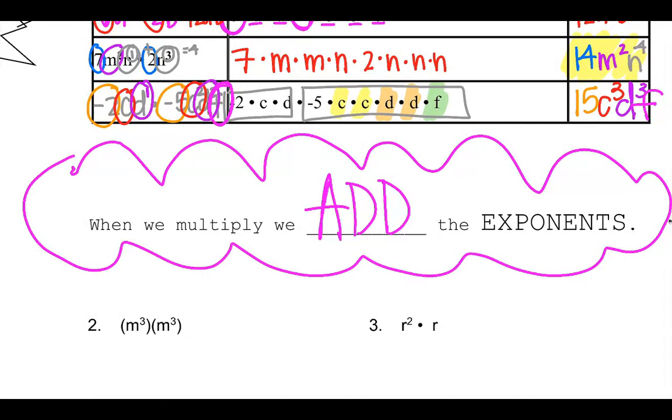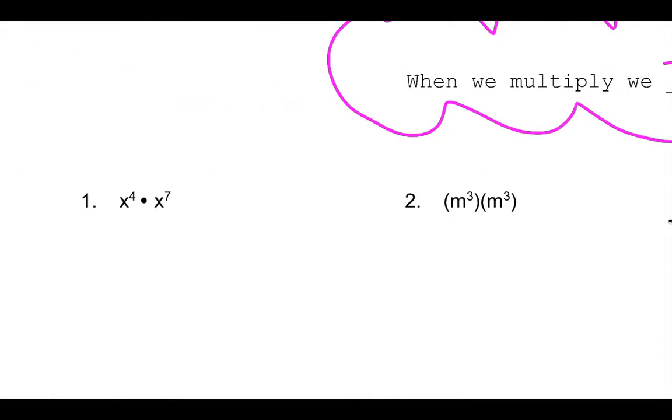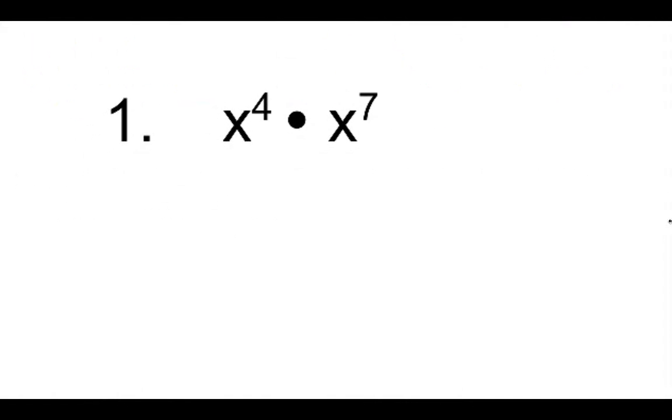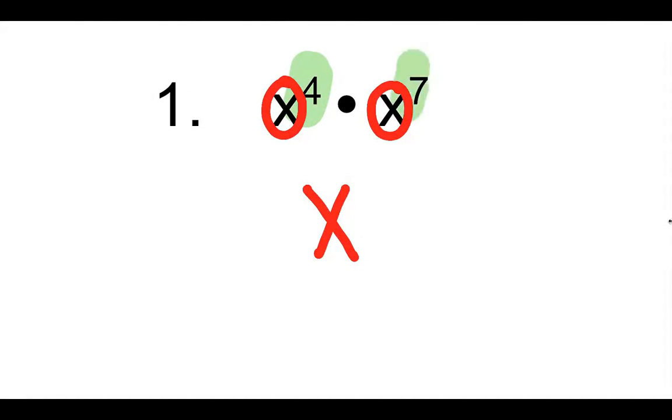Multiply, we add exponents. So look at, where's the first one? If we look at this first one, I've got a base of what? What's the big number? Big number base. X is the big number. Okay? So I'm keeping that here. Then I look at my exponents.